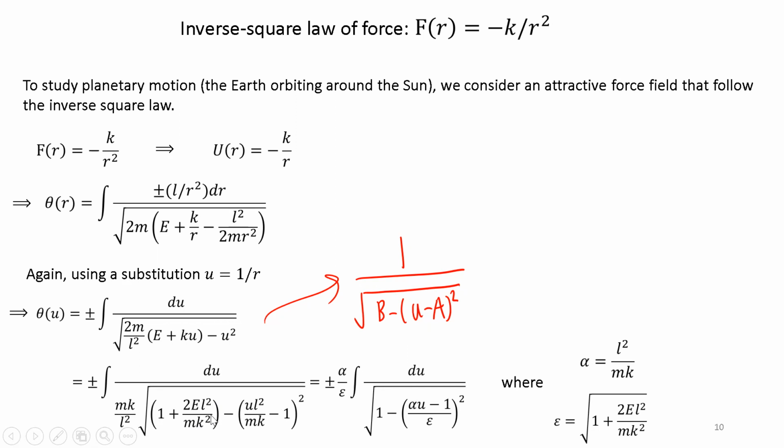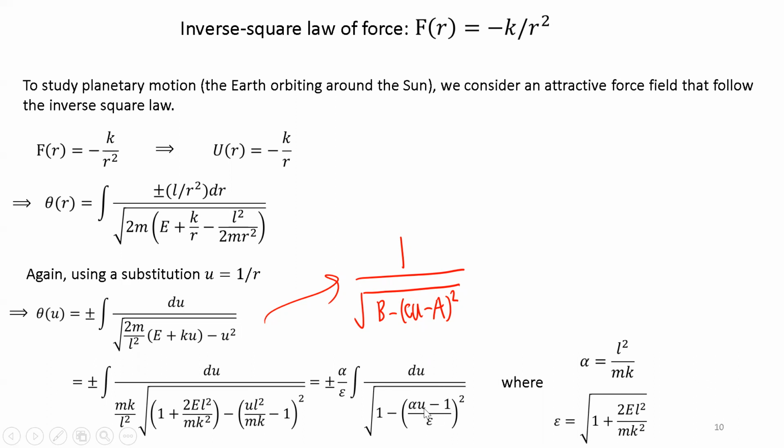You can see that this is a constant, and this is u minus some constant. Now, further simplification. So this one, I just give du divided by the square root of 1 minus this whole term.